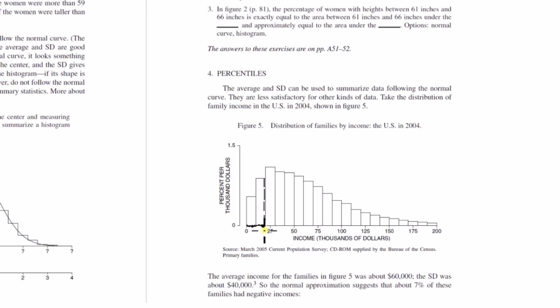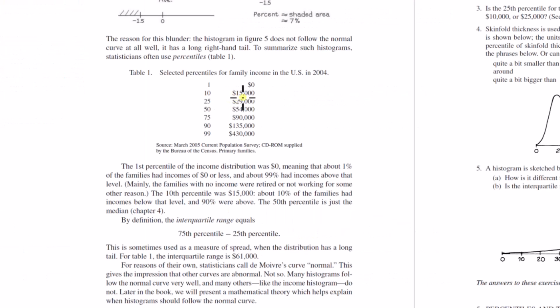Then that value on the horizontal axis is called the 10th percentile. This is kind of confusing because you think percentile, you think that means percent. Percentile doesn't. Percentile is in whatever the horizontal axis is. So the 10th percentile is going to be $15,000. It's not a percent.